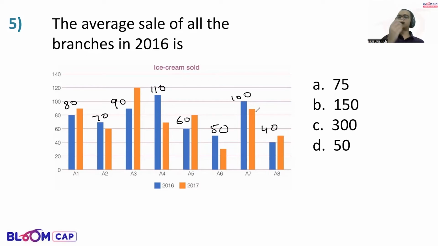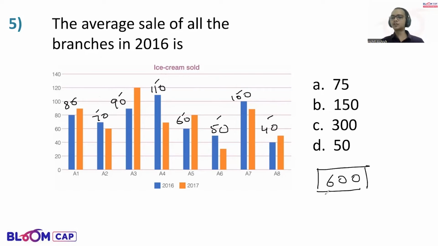Let's again add them verbally. 80 plus 70 is 150. Plus 90 is 240. Plus 110 is 350. Plus 60 is 410. Plus 50 is 460. Plus 100 is 560. Plus 40 is 600. This is the total sum of sale in 2016.